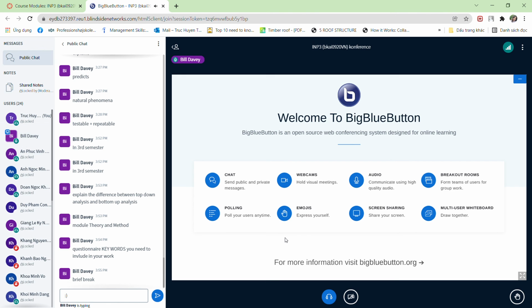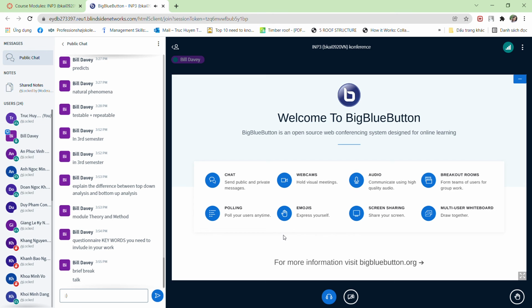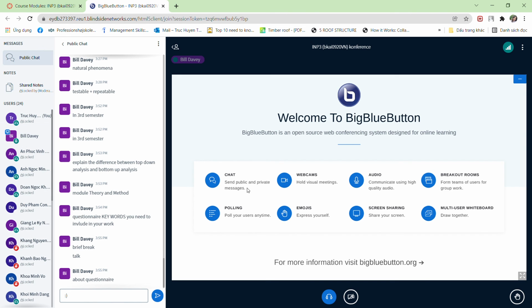Then we talk about the questionnaire, and then you really need, as a group, to start thinking about tomorrow and writing some sort of theory section.